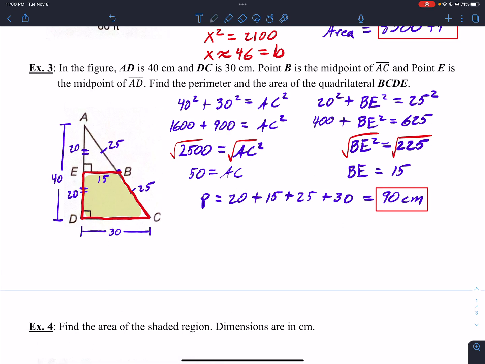In order to find this area, we're going to take the area of the large triangle and we're going to subtract the area of the smaller triangle from it. All right? So if I take the area of the large triangle, let's call this area L for large, area of the large triangle.